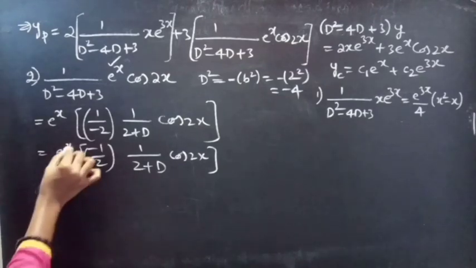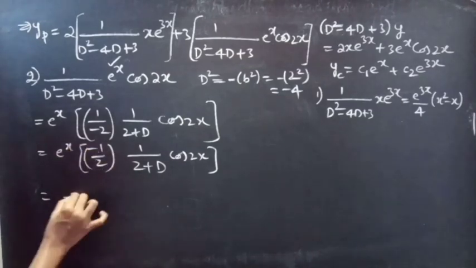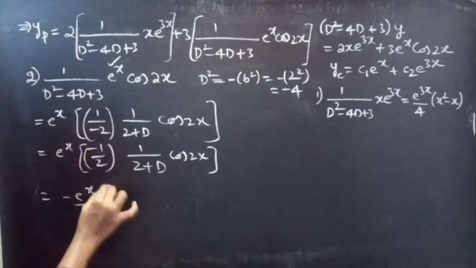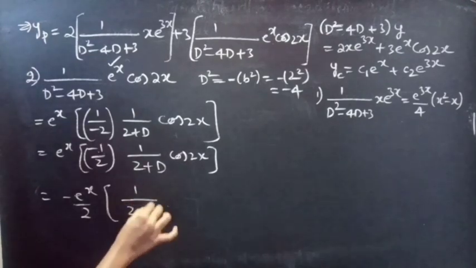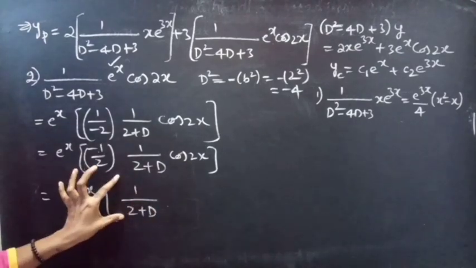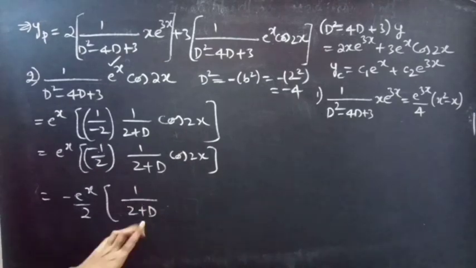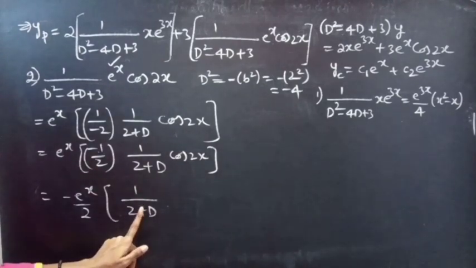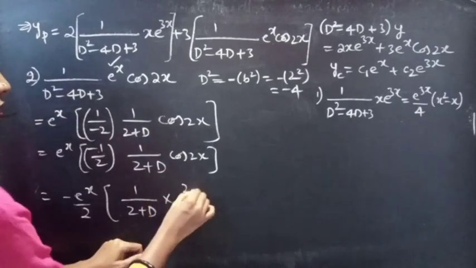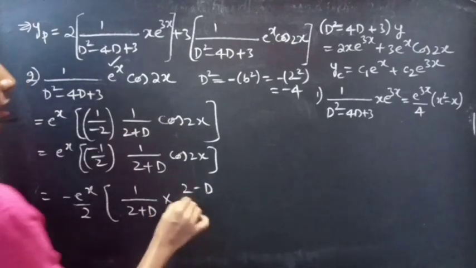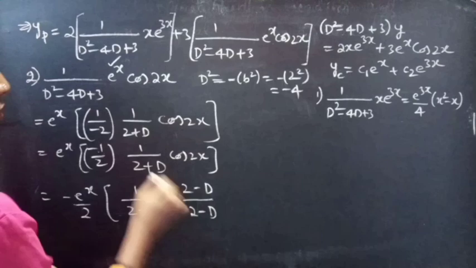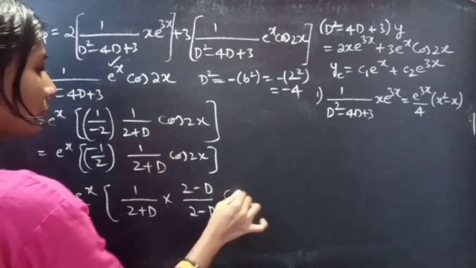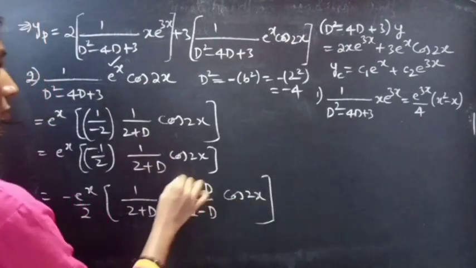Which is equal to e power x into minus 1 by 2, which is minus e power x by 2 into 1 by 2 plus d. Here in the denominator of the fraction, we have plus. Just replace this plus with minus, then you'll have 2 minus d, right? Now multiply and divide by 2 minus d to this fraction into cos 2x.